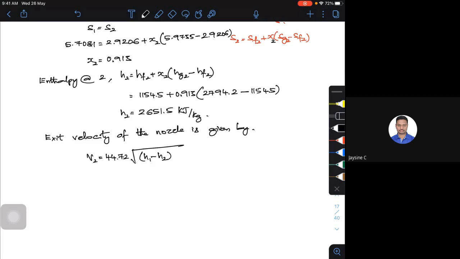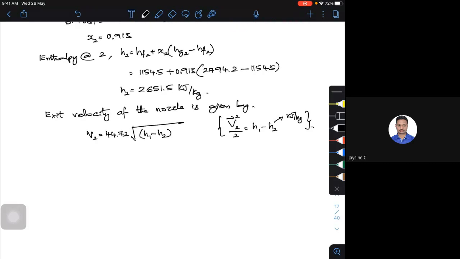Or if you want, you can use this formula also: V2 squared by 2 is equal to H1 minus H2. You'll end up with the same thing. You have to ensure that H1 and H2 are in kilojoules per kg. We have derived this straight away, so you are substituting that.